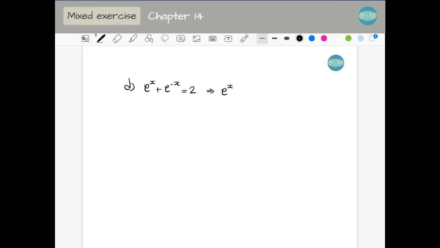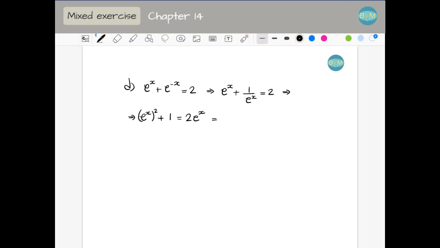E to the power of x plus 1 over e to the power of x equal to, and then we are going to work with the expression, so we can multiply everything by e to the power of x. So we will have e to the power of x squared plus 1 equal to e to the power of x. Yeah, just multiplying the whole expression by e to the power of x, I have this one squared, this one just 1, and this one e to the power of 2x.